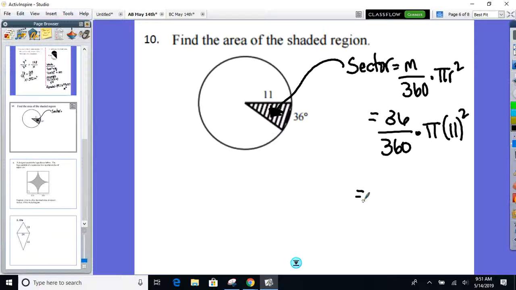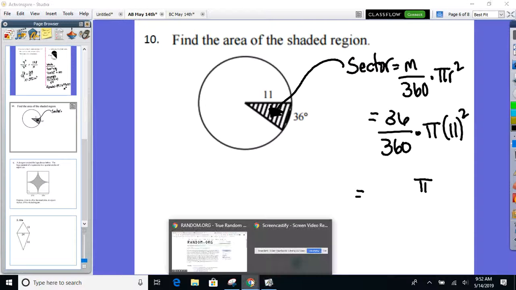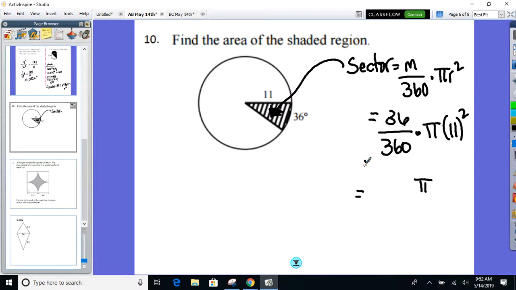Leave the pi in your answer, though. When you're ready, leave it in terms of pi for me.